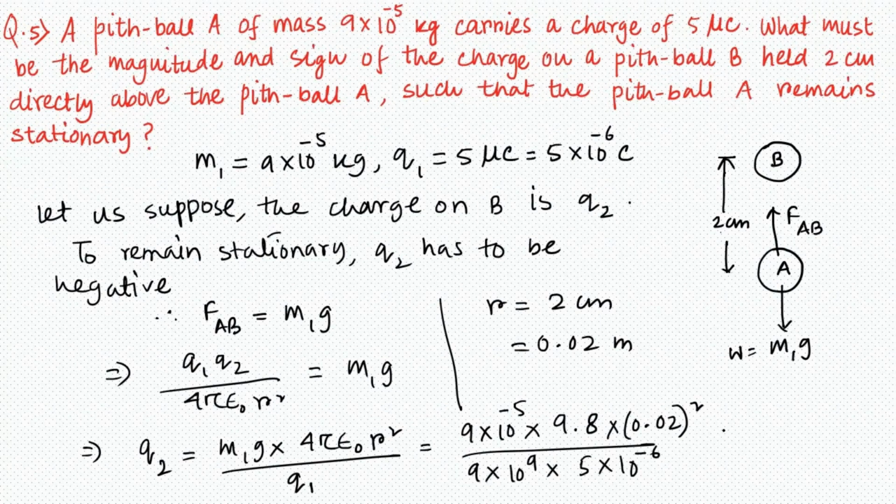And after calculating this, we'll be getting 7.84 into 10 to the power minus 12 coulomb. So this is our answer. The magnitude of the charge is 7.84 into 10 to the power minus 12 coulomb, and the sign of that charge would be minus.